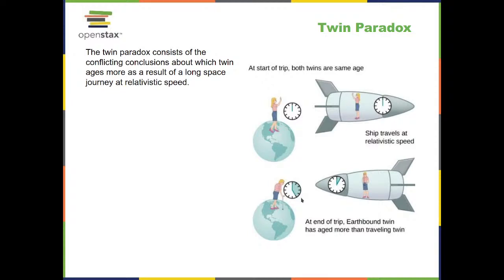Now the paradox is that, well, you could think of this as the Earth actually moving in the opposite direction and coming back. But that's of course not a symmetric situation, because it's actually the ship that is accelerating, so we're not in an inertial reference frame anymore.